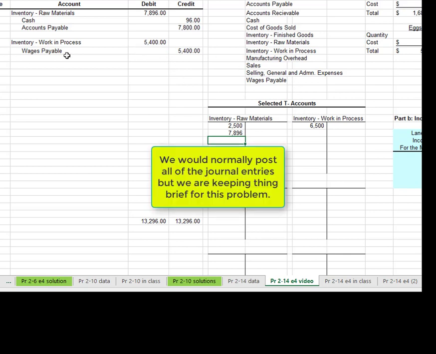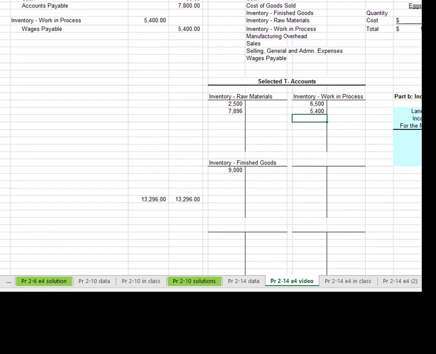Now I've got my inventory work in process debited for $5,400 for direct wages. Okay, you notice my total debits is equal to my total credits, so I'm doing okay in that regard.